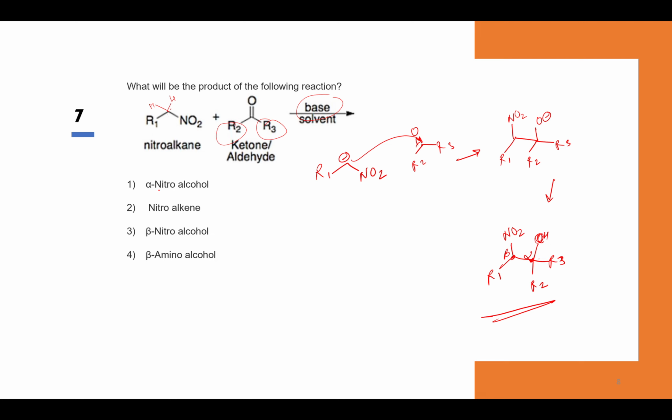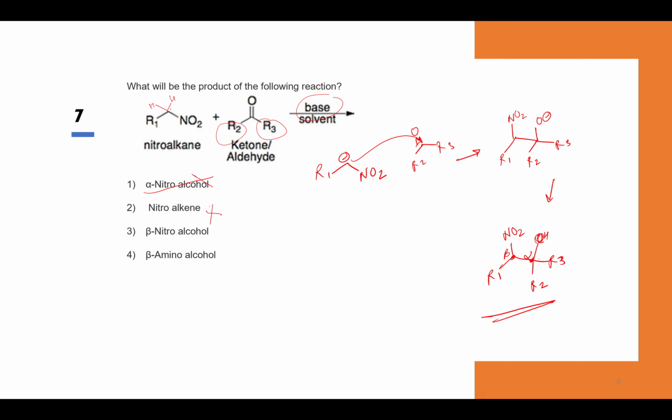Now let's check the options. Alpha nitro alcohol. If talking about alpha nitro alcohol, the nitro group should be at the alpha position, which is not here. So this is not the correct one, right? Now nitroalkene. Alkene is not there, again we are not getting alkene here.